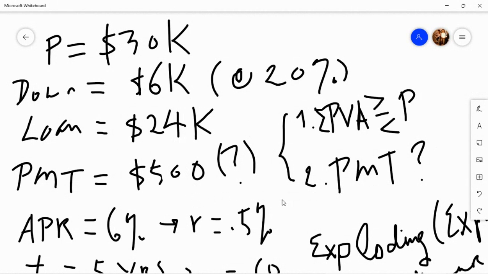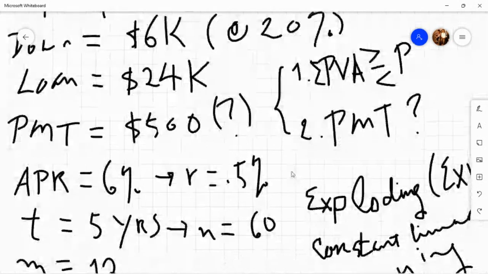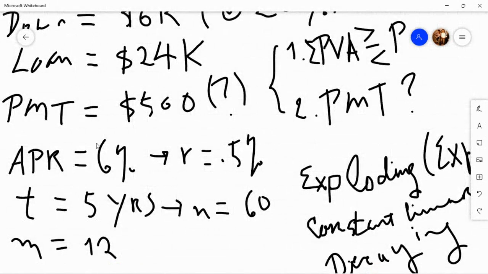Then in the back of your head, you think, okay, it is 500 and the interest rate is 6%, loan term is 5 years, so there will be 60 payments. And of course, if APR is 6%, the periodic rate is 0.5%.